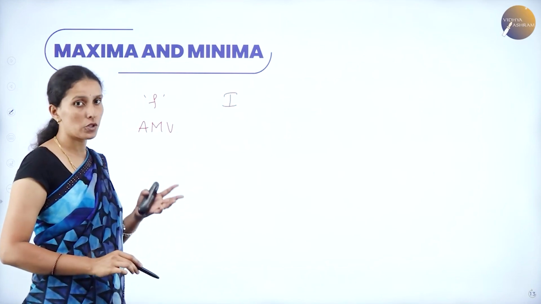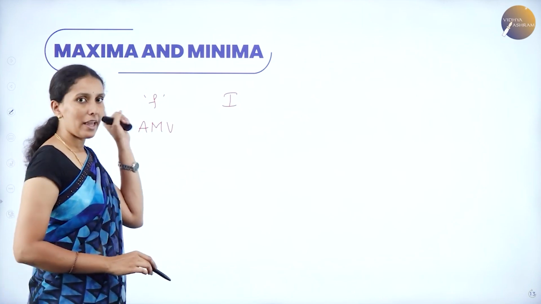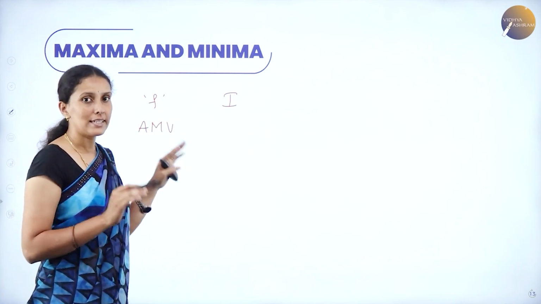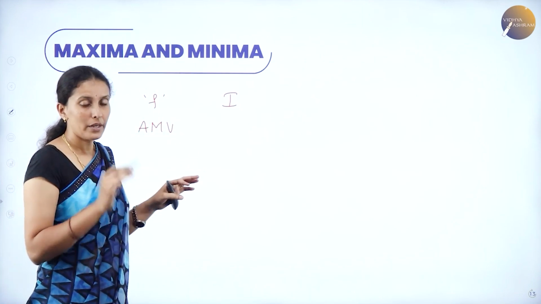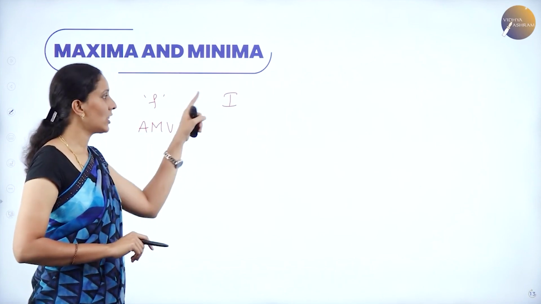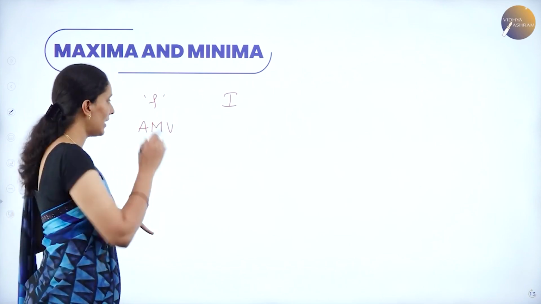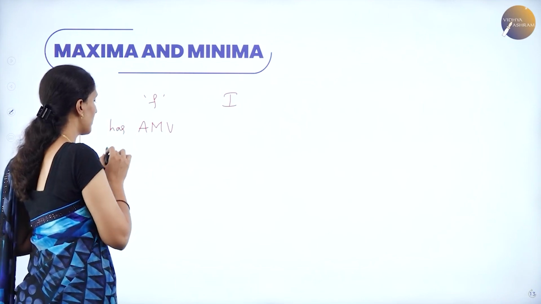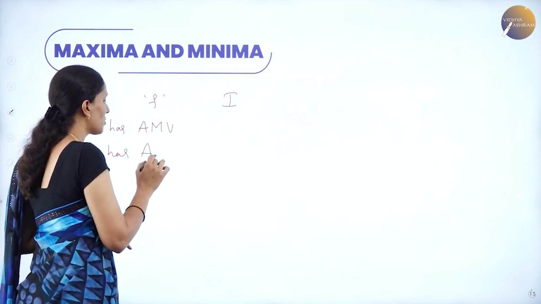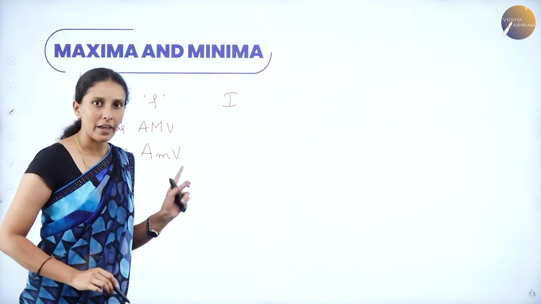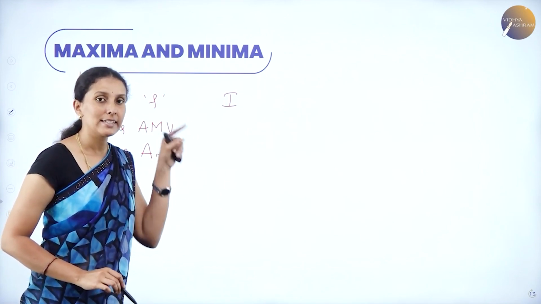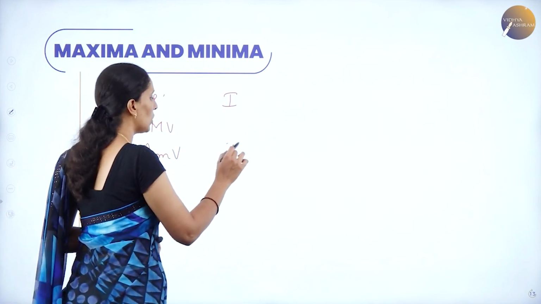I may be any closed interval here. Thus every function f has its absolute maximum value, and it exists at least once in the closed interval. And similarly, f has an absolute minimum value, which exists at least once in the closed interval.